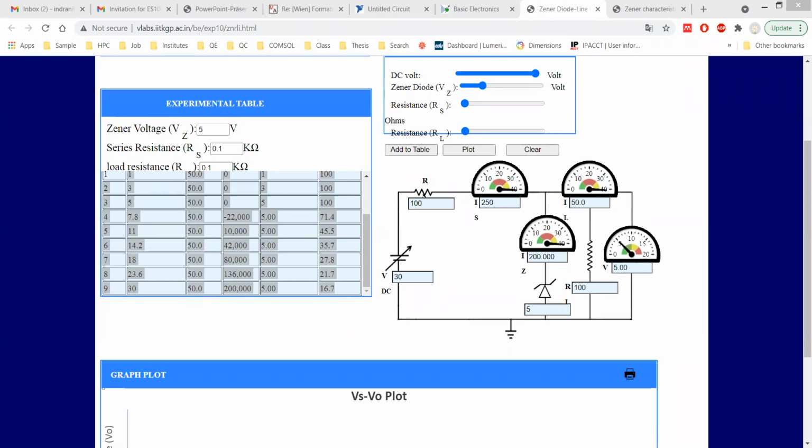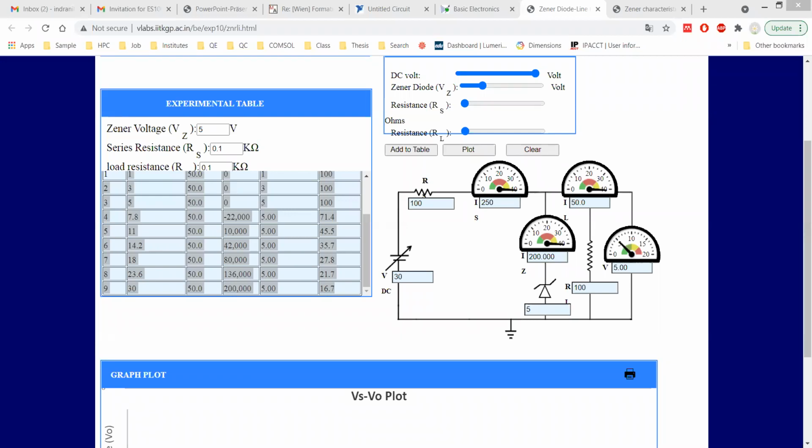This would be 1. But 50 volt is getting, okay.